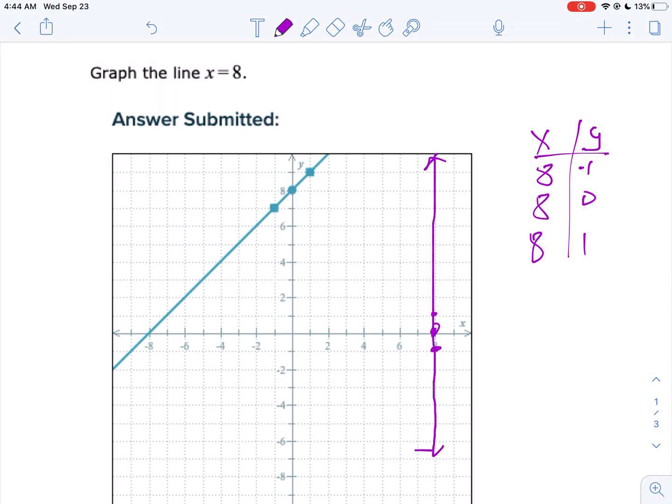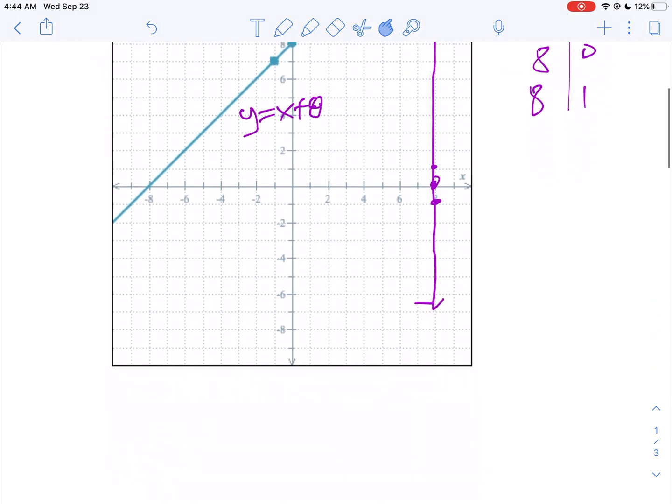What you graphed, this line would be y equals x plus 1. Or not 1, 8. Because your y-intercept is 8 and your slope is 1. When you have an equation that only has an x or only has a y, if it's x equals some number, that's going to be a vertical line.